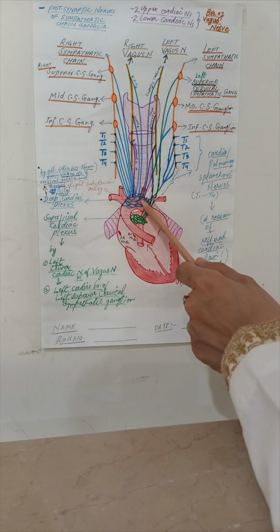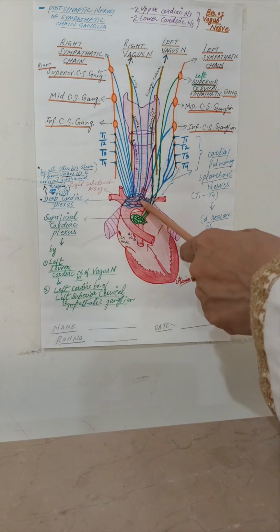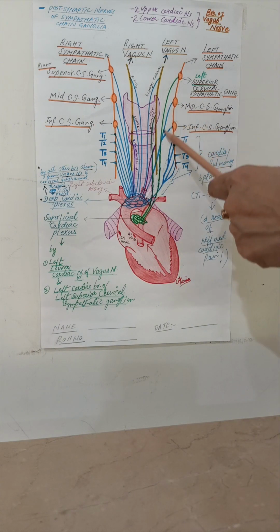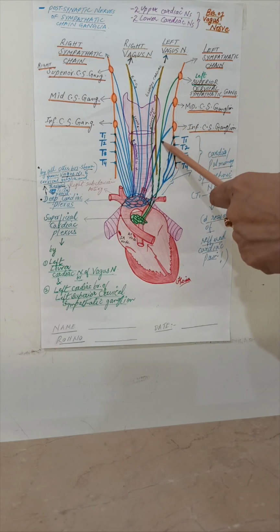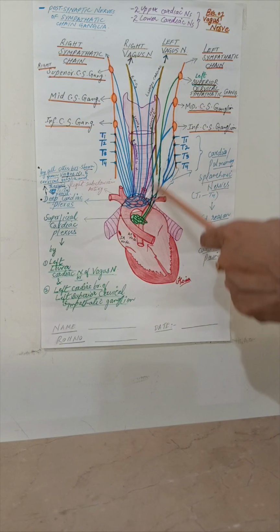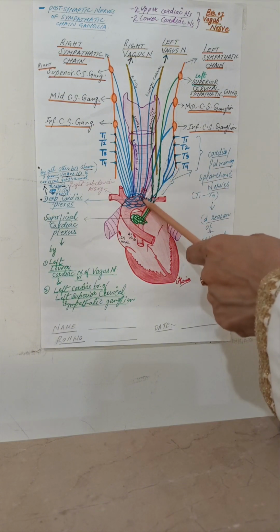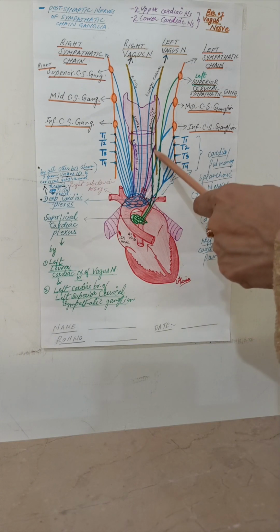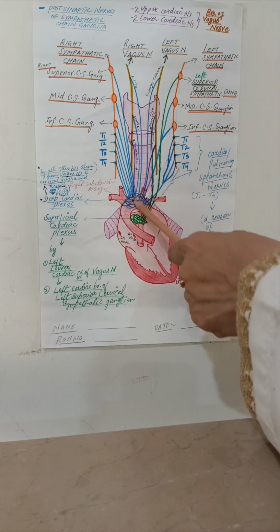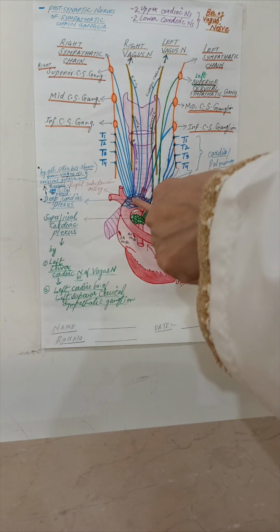Now what happens to the deep cardiac plexus? All of the rest of the branches coming from either side. Let's see a branch from the middle cervical, inferior cervical, and from T1, T2, T3 and T4. They all come towards the deep cardiac plexus. Even this, now concentrate on the left recurrent and right recurrent. They are also taking part in its formation.